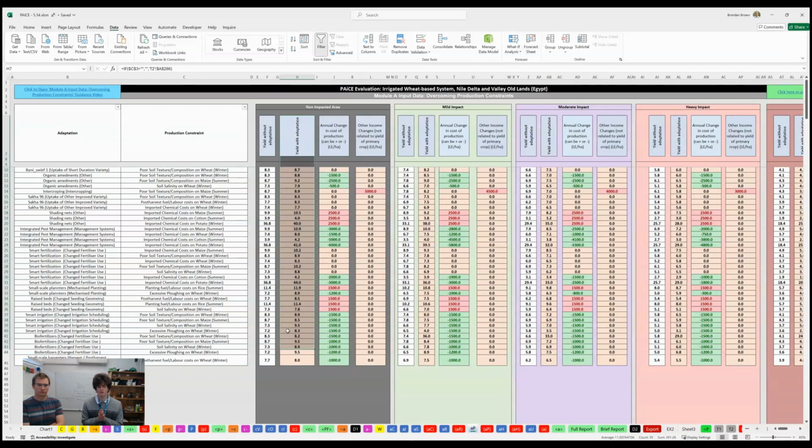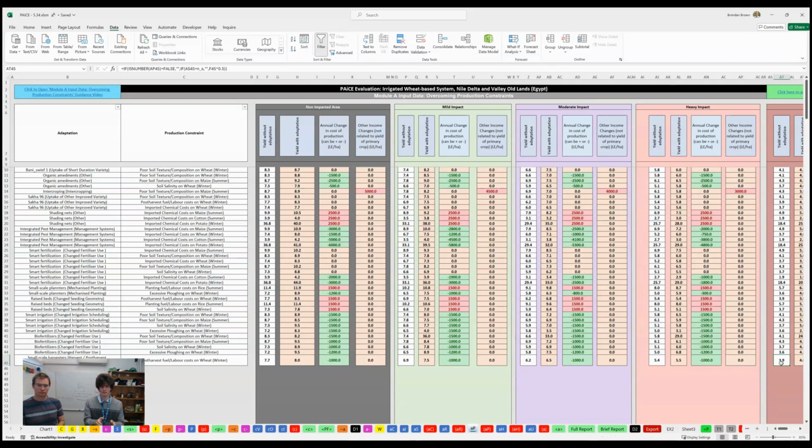for some of these adaptation strategies, they will affect or they will fully address the production constraint at each severity. So an example of this is that if the constraint is the unavailability of a harvest machinery and the adaptation is buying more machinery for this area to use, then at each constraint, in a non-impact area, in a mild impact area, moderate, and so on, the benefits will be the same.